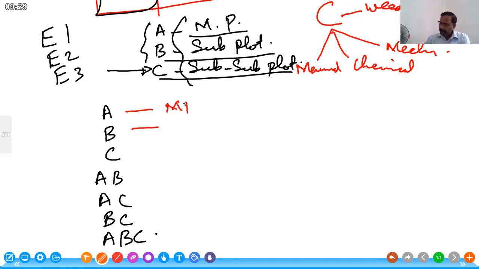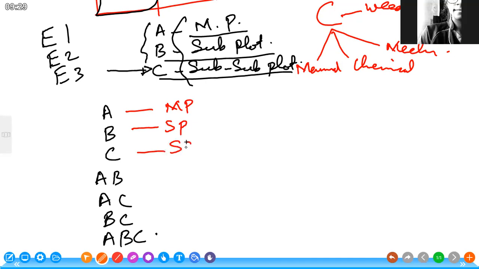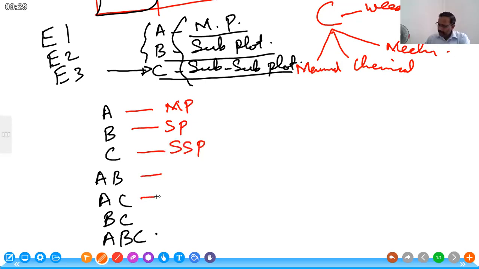What about B? Subplot. What about C? Subplot. Fill the rest. I will give you 30 seconds, fill the rest.